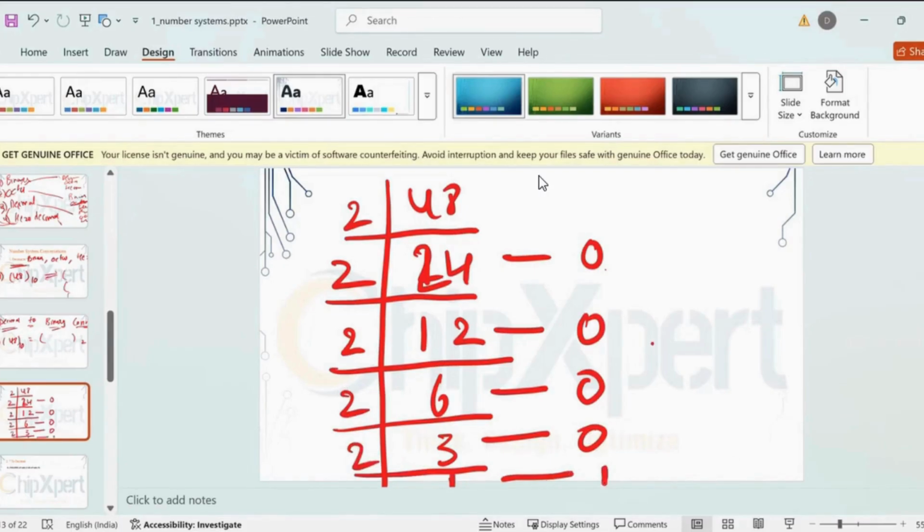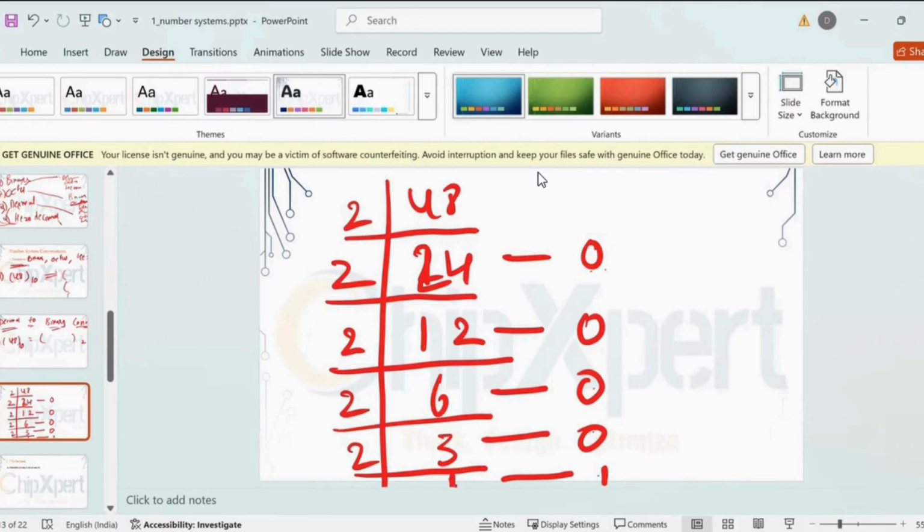So this is what I got here. Now I want to write the number. How am I going to write my binary number? A binary number should be in the form of zeros and ones. Our remainders are zeros and ones only.